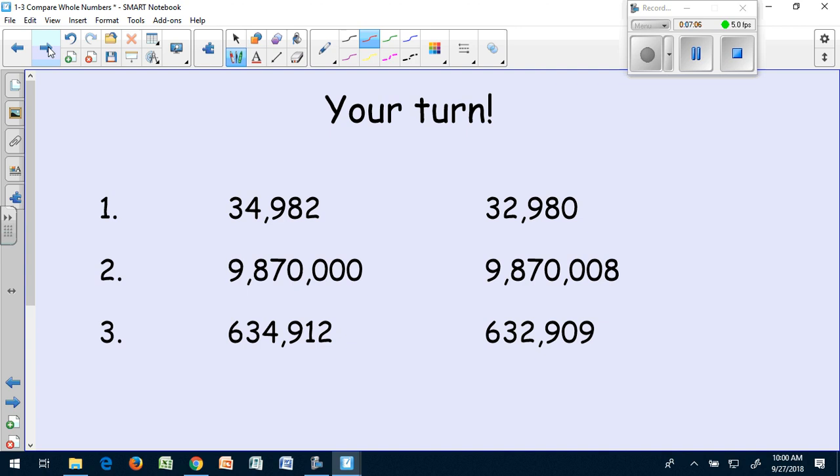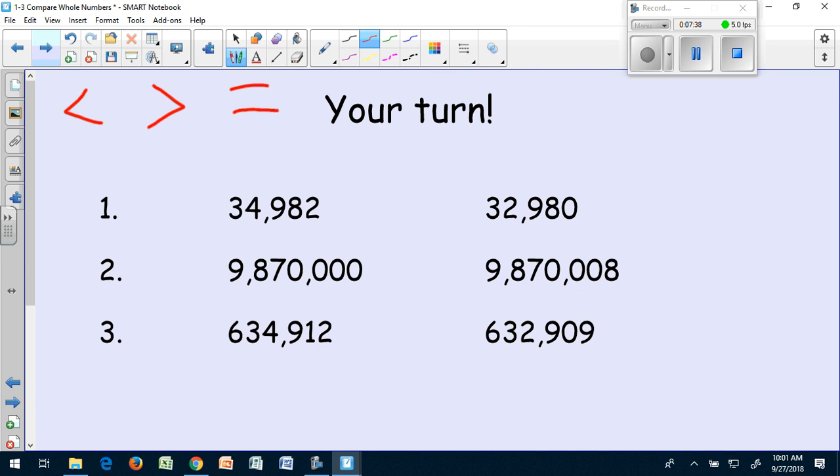Okay, now it's your turn. You're going to answer these 3 in your notebook using the less than, greater than, or equal symbols. Pause the video, write these in your notebook, and answer them. Remember, whenever I answer these, I want to underline the place that helped me decide which number is greater.